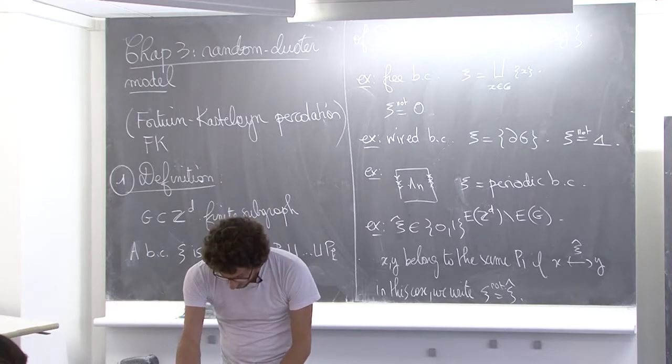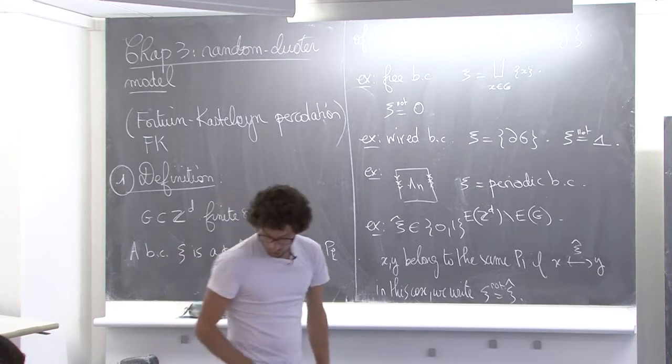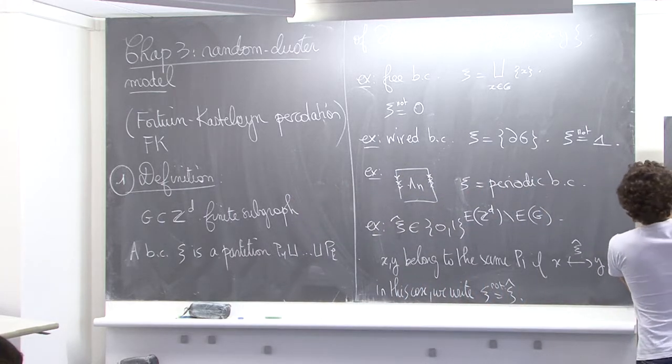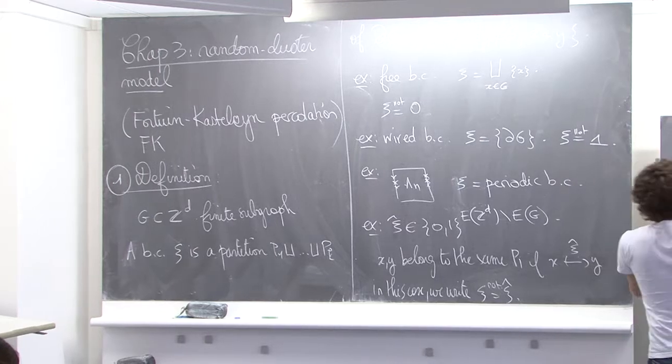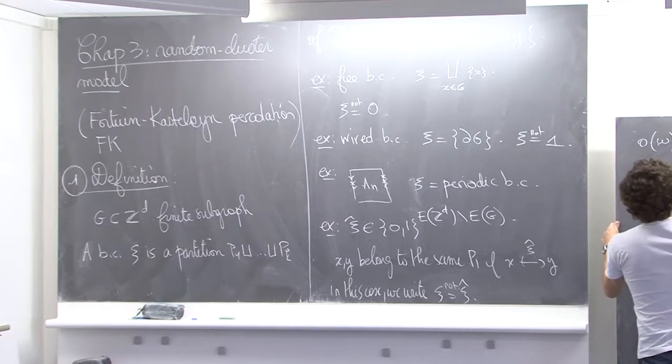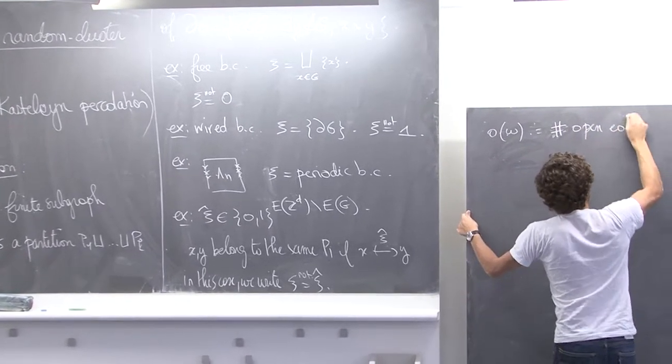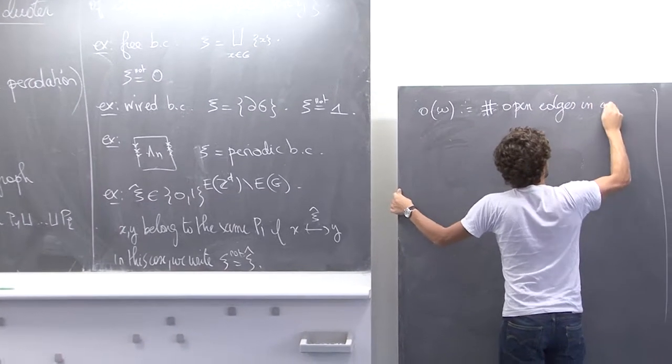Now let's define the measure associated to it. So there are going to be a few things. Let's define O of omega to be just the number of open edges in omega.